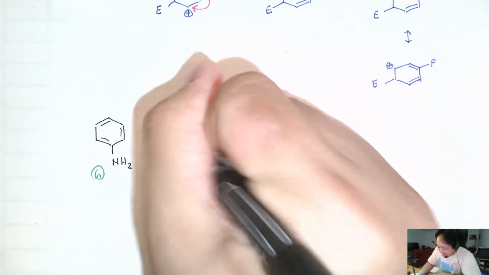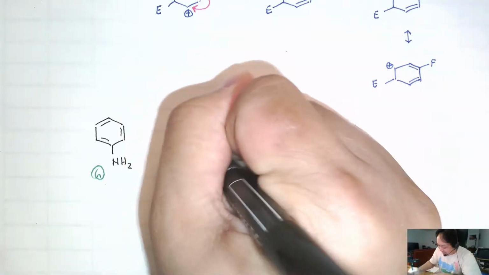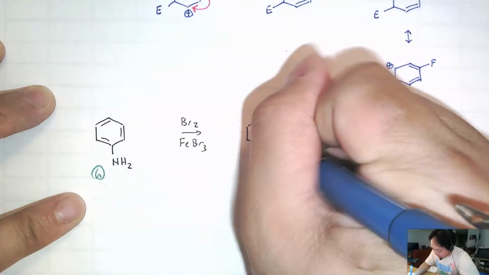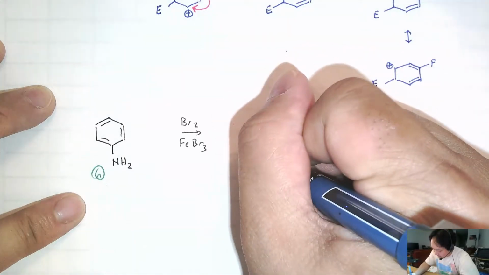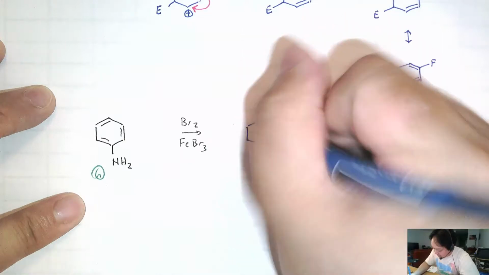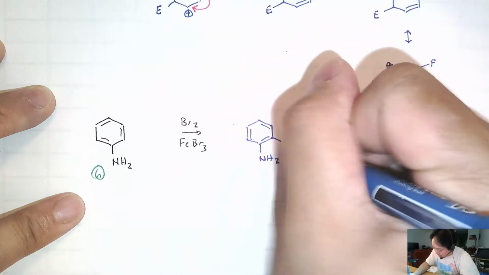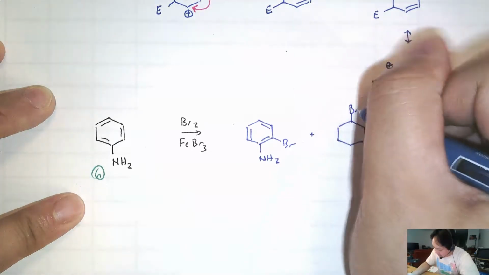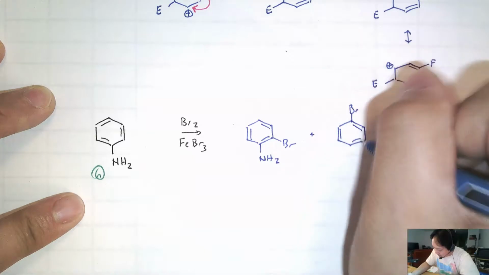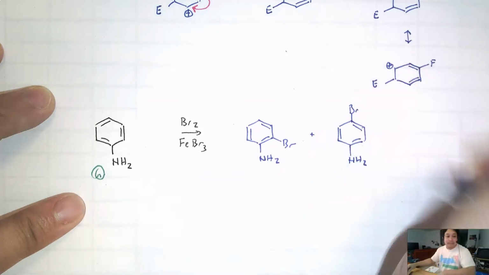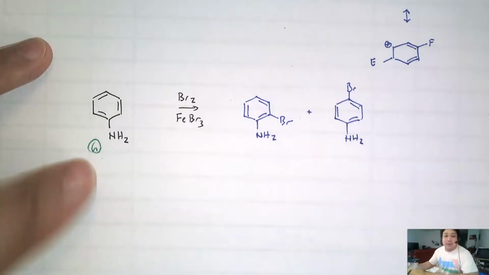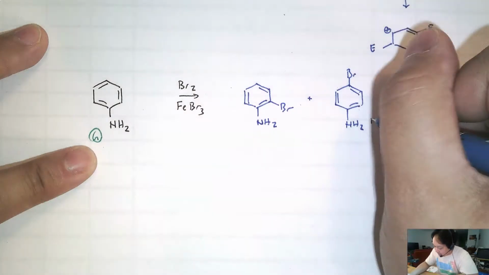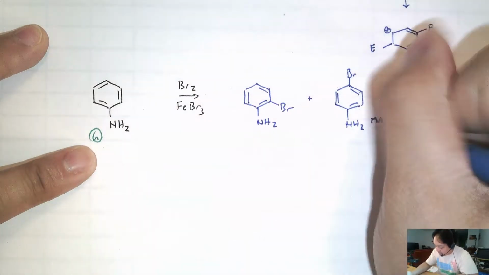No, let's do bromination first. Okay. Good group, ortho-para directing, and you have these two. Ortho, we'll put it here, plus para, bromine up here. And for some professors, they may want you to label the major, which is the para.